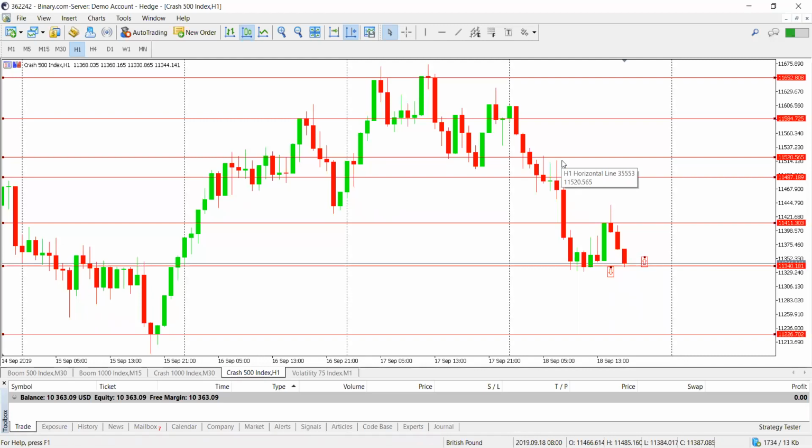Price will always test an area before it breaks it. It did the same thing here. Intention was to break, but it wasn't able to break the first time. It broke and then it rejected. And then it went up, and then the strength of this area pushed it down.